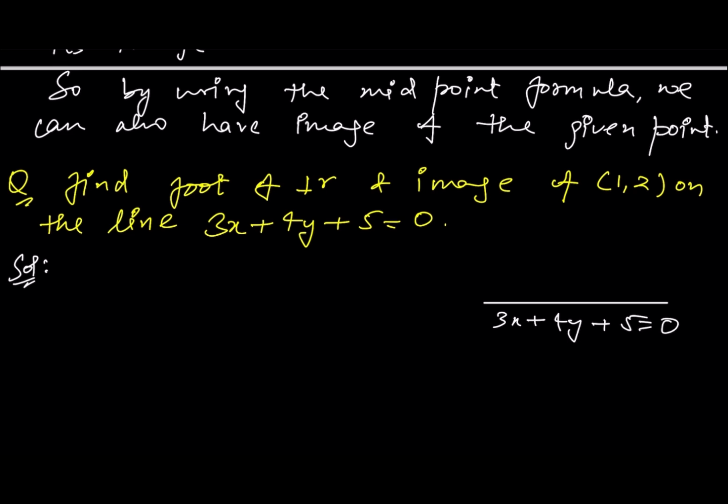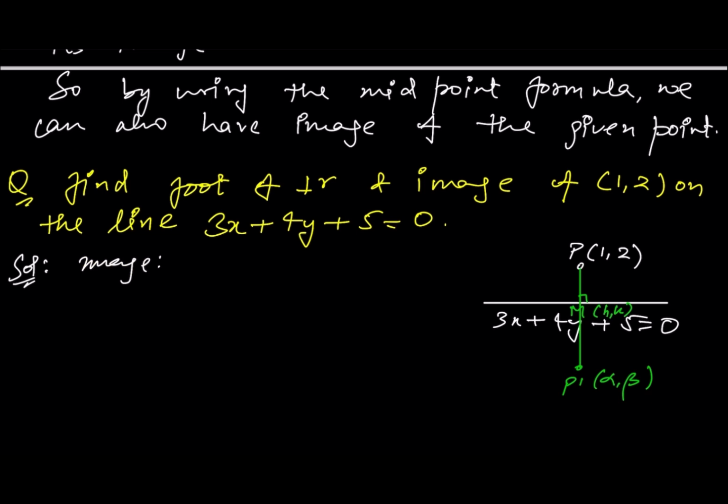This is the line, and this is point P (1, 2). We have to find the image P dash, say (alpha, beta), and also the foot of perpendicular M. So first of all, we will use the formula.